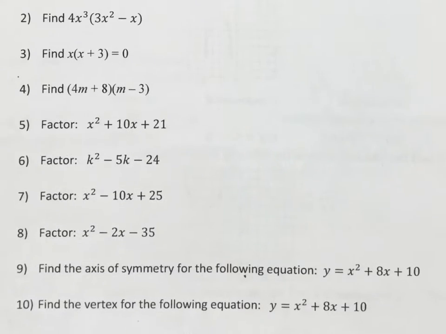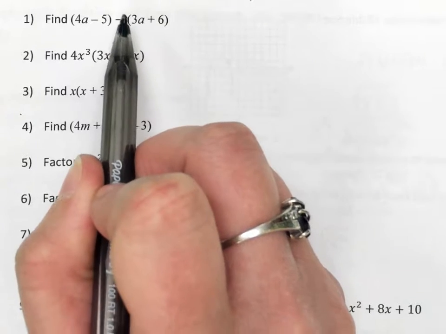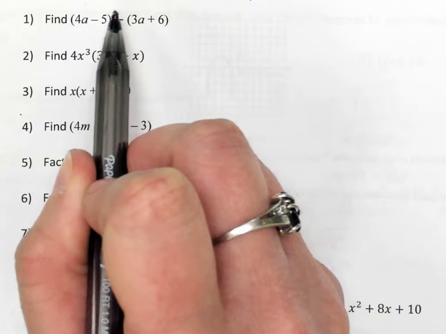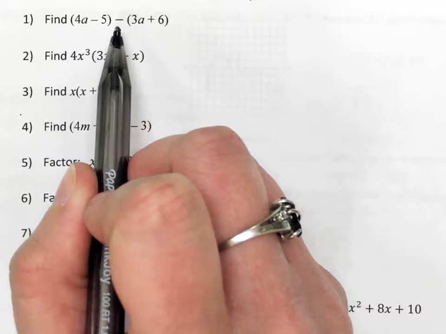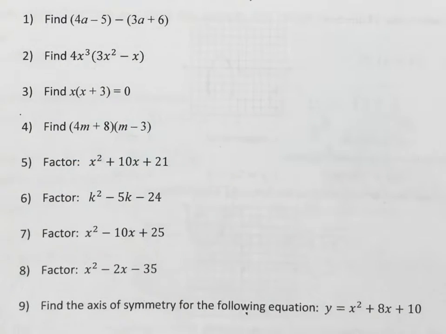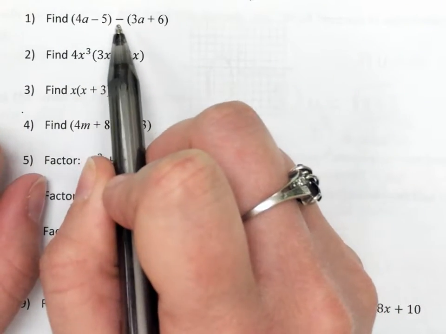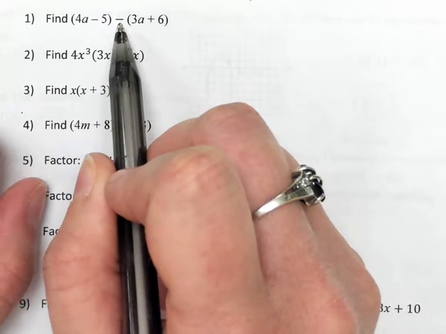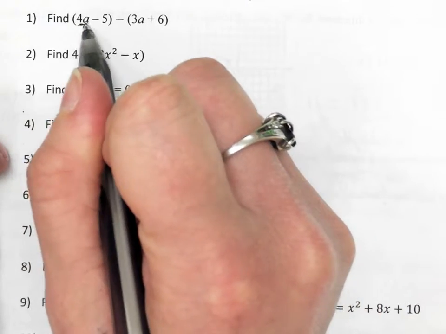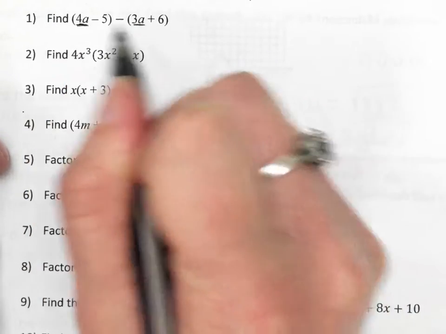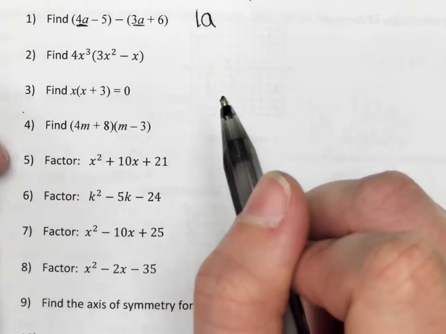All right, number 1. Guys, what is that sign right there? Negative, right? Subtract. All right, so we're going to subtract. So, guys, what are the like terms that we could subtract on number 1? 4A minus 3A. What's 4 minus 3? 1A. Yep.